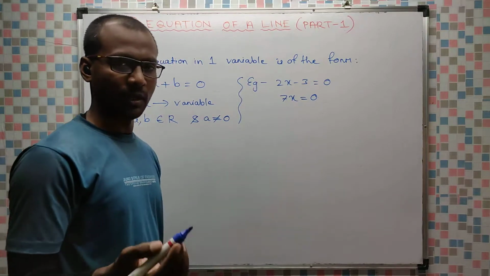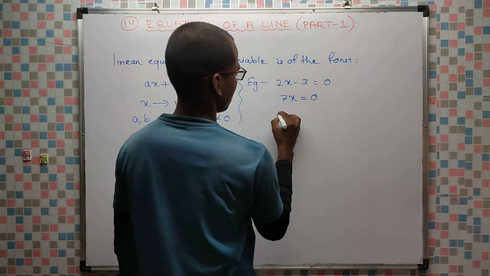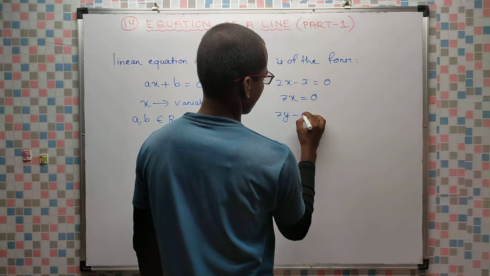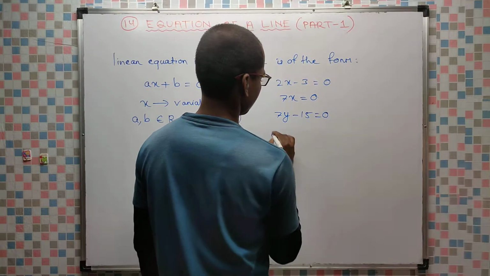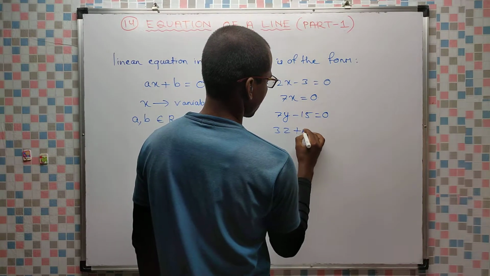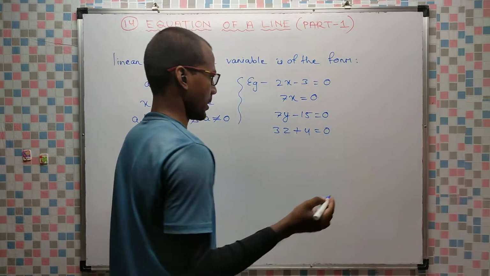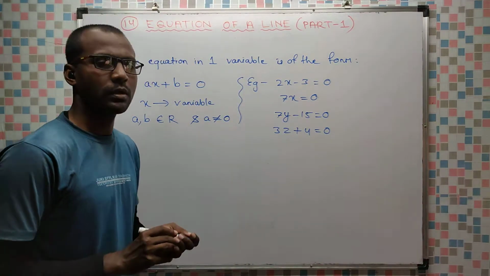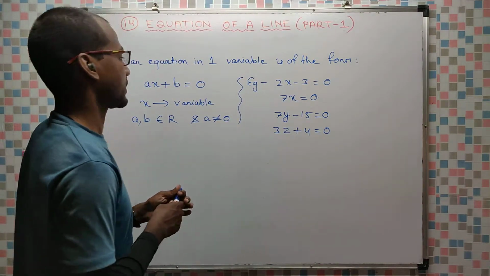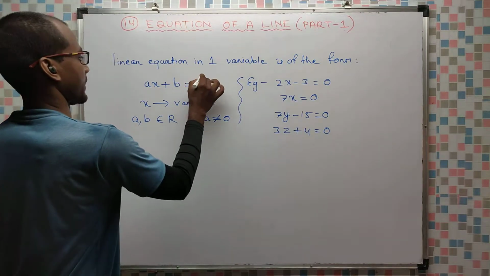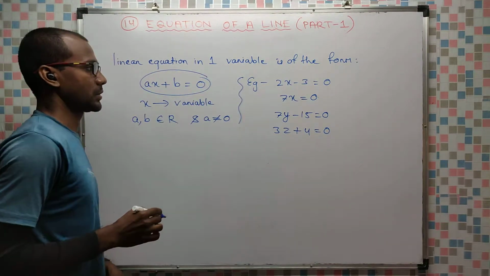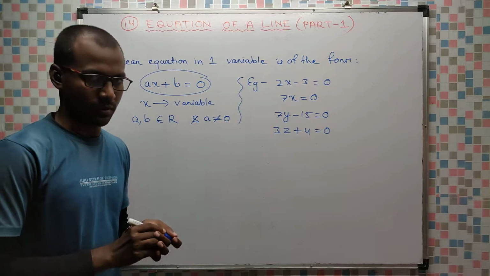We can take other variables also, like 7y minus 15 is equal to 0, 3z plus 4 is equal to 0, etc. Usually when we take one variable we take x, so I have given the general form in terms of x. So this is a linear equation in one variable.